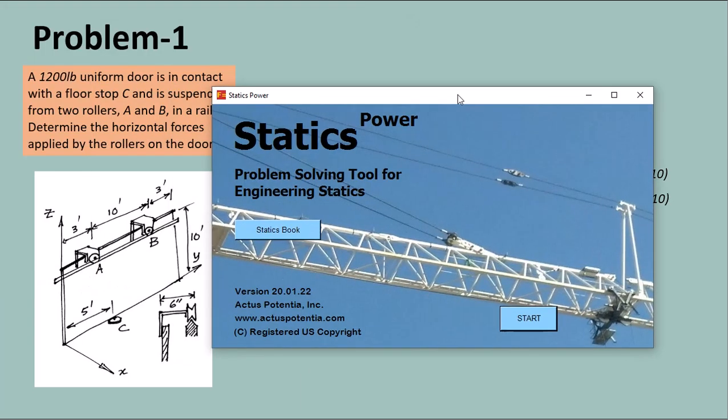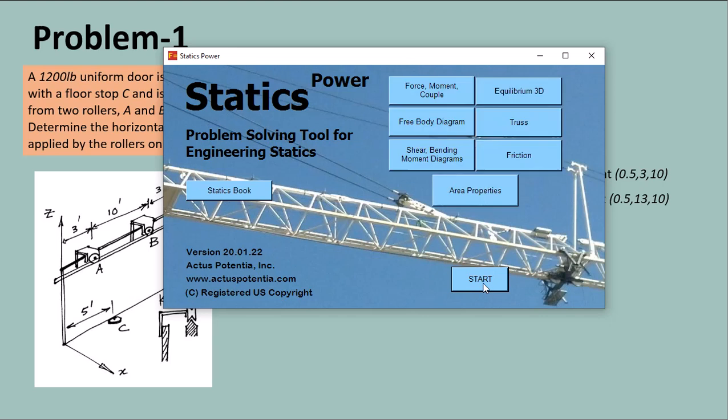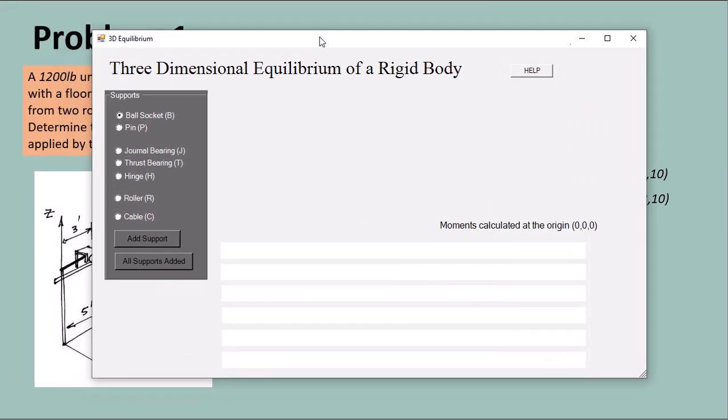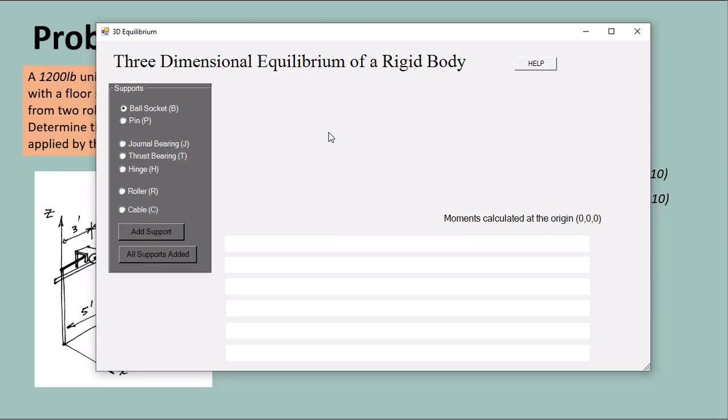We open the software, start it, pick equilibrium in 3D, and now we will enter the data for the roller at A, roller at B, stop at C, and the weight of 1200 pounds.